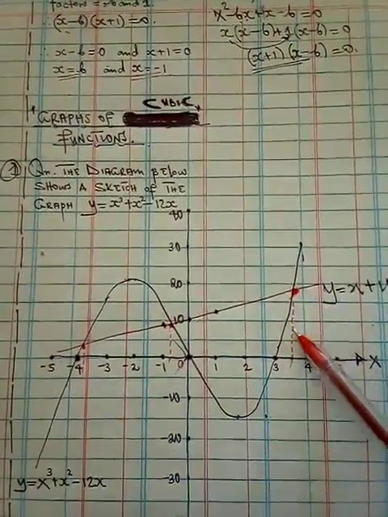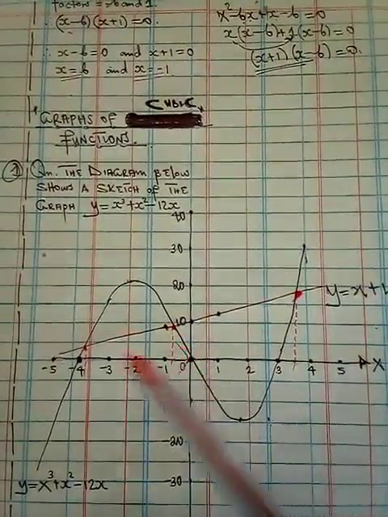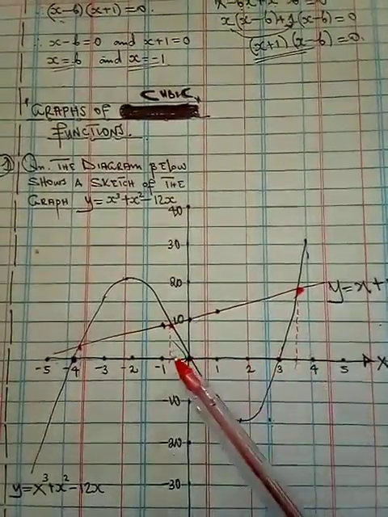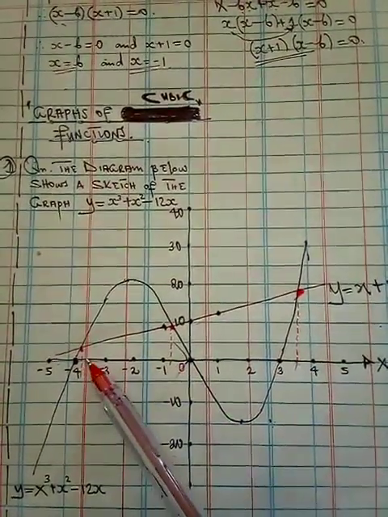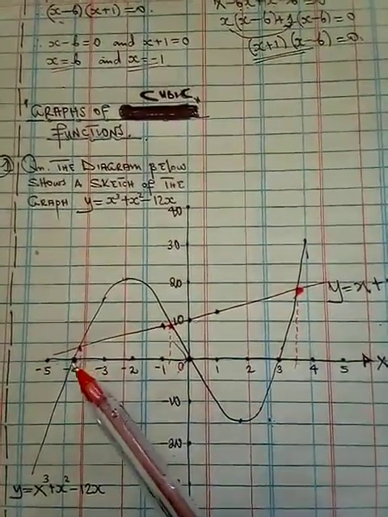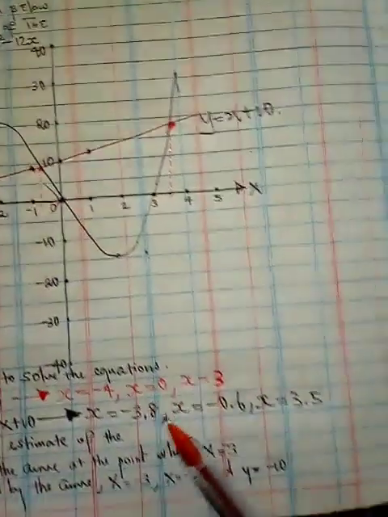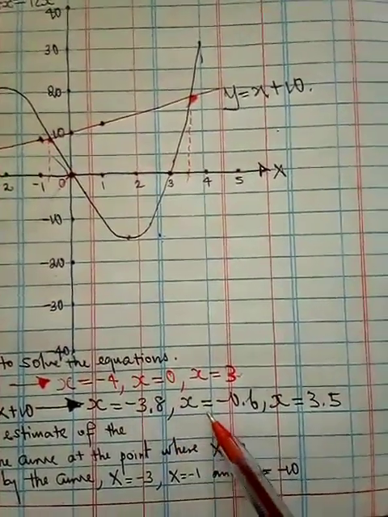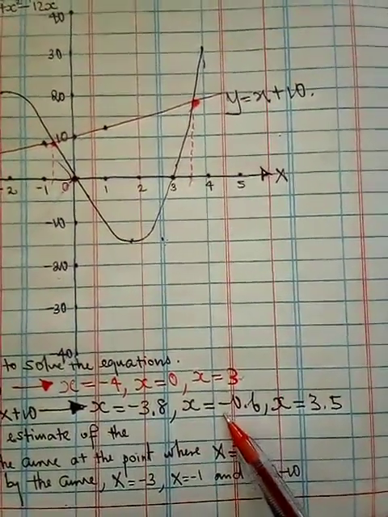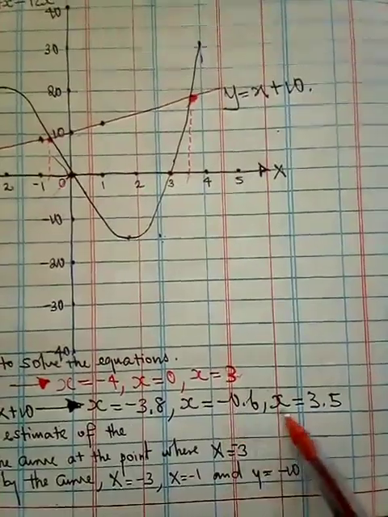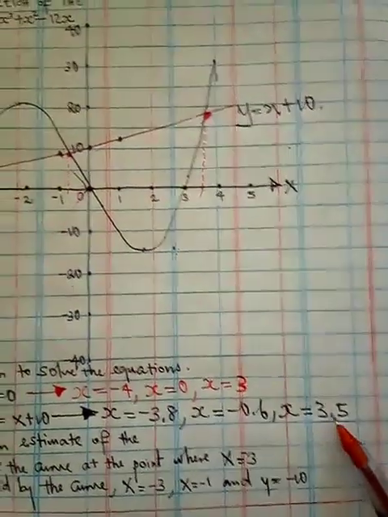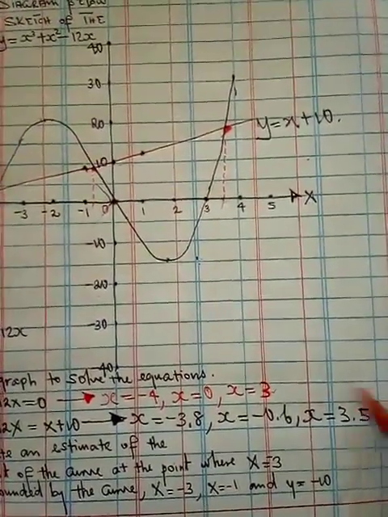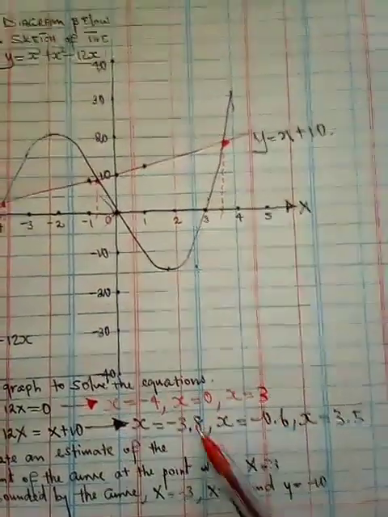We saw the x values at their points of intersection, and those same values of x at which they are meeting are going to be our final solutions for this problem. Hence, x is negative 3.88, x is equal to negative 0.6, and x is also going to be positive 3.5. Okay, so I hope this is making sense for you.